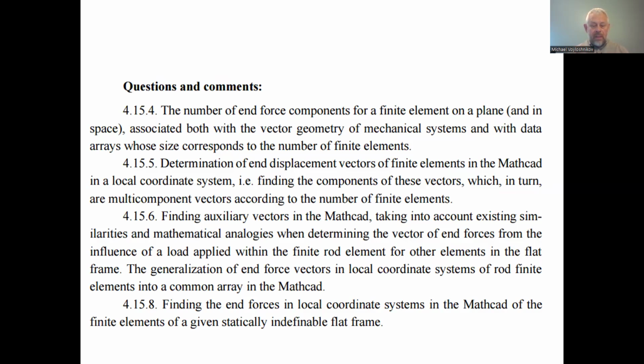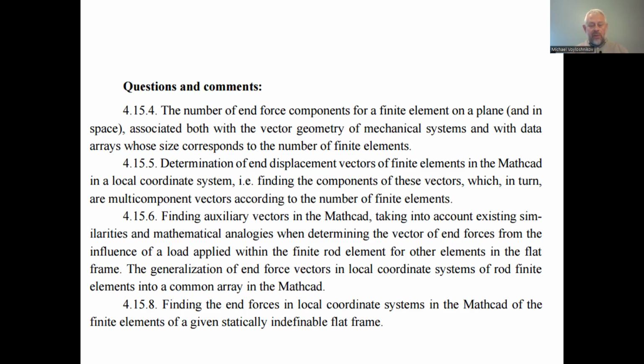So the number of end force components for a finite element in a plane is usually 6, because we have two ends of the finite element, and on the plane we have for each end 3 components of the efforts, 2 forces and 1 moment applied to each end of the finite element. So together we have 6 on the plane.